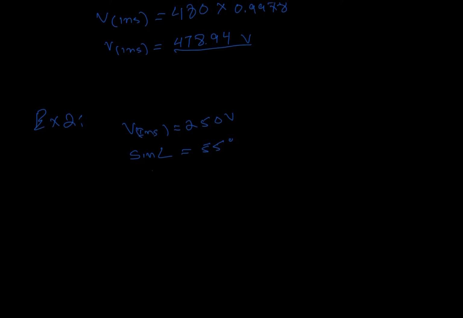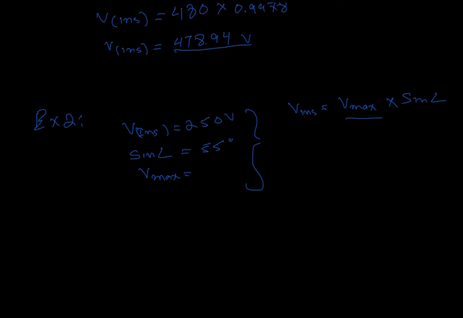So it is asking us to find the maximum voltage. Okay. Our formula was V instantaneous is equal to V max times sine of the angle of rotation. We want to find this one.